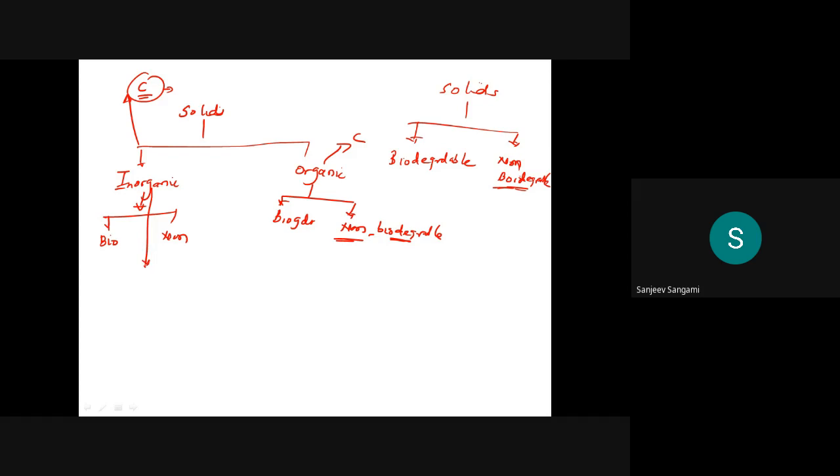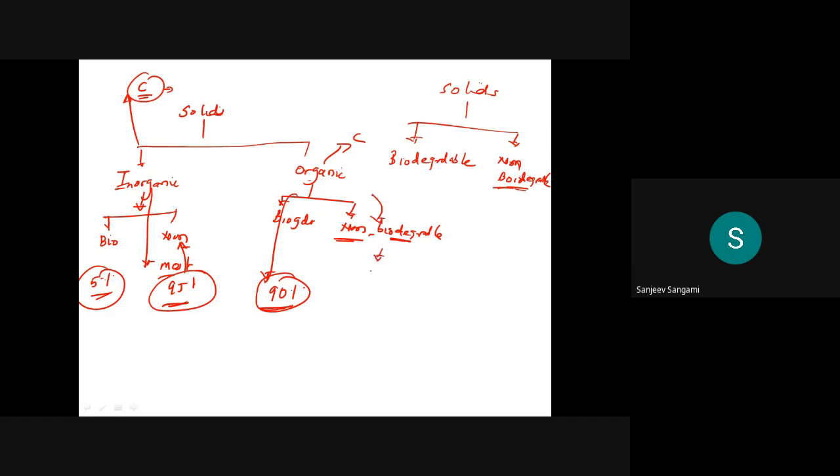Most, you can say 95%, of the inorganics are non-biodegradable, and only 5% are biodegradable. In the organic case it is the reverse: most of the organics are biodegradable, and some are non-biodegradable.